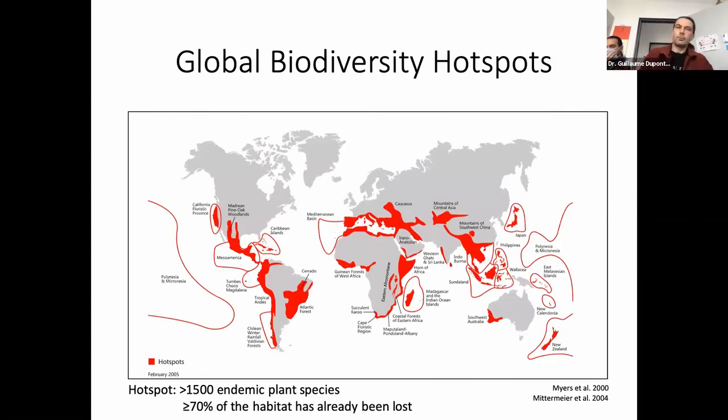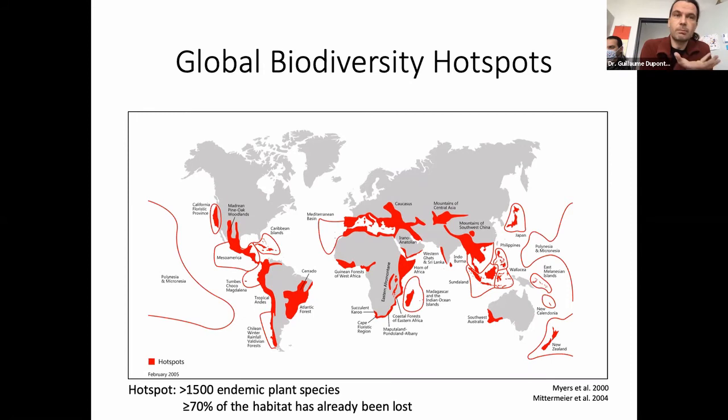And you also remember we talked about this concept of biodiversity hotspots. Hotspots are not simply the places where we have the highest biodiversity. Hotspots include a large number of endemic species, so they can only be found in this region.